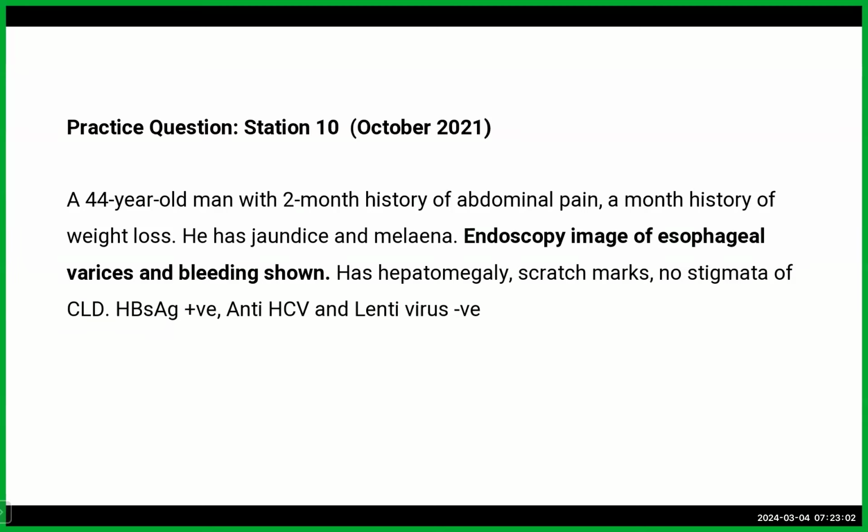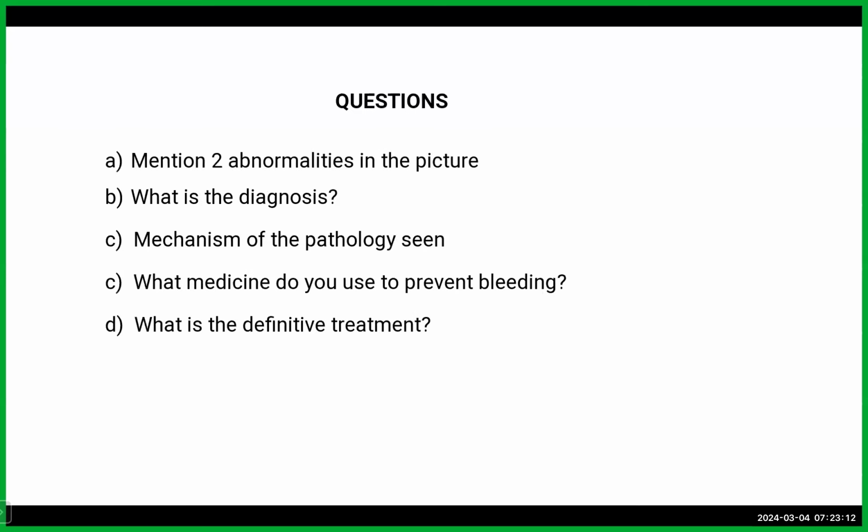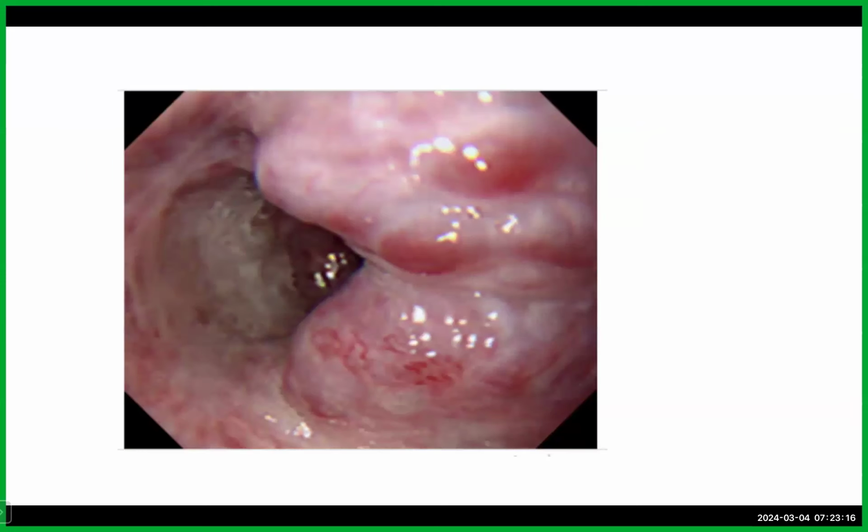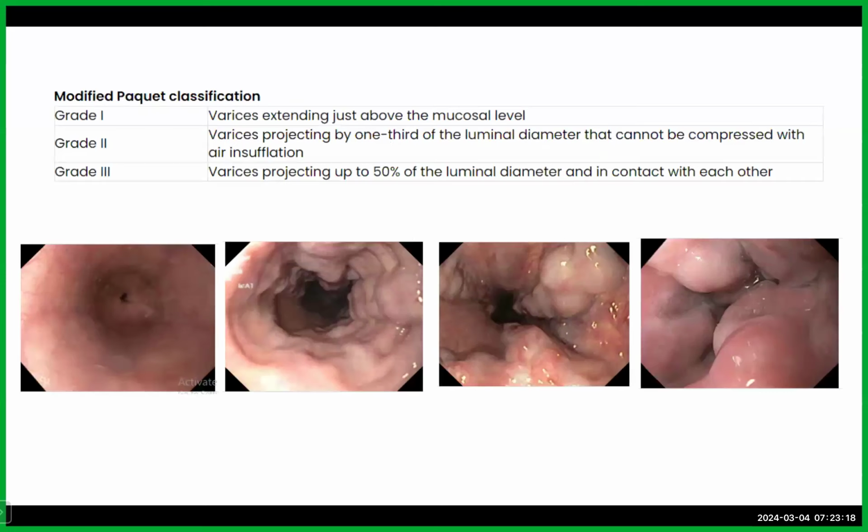So the red wale signs, typically Paquet will have stage 1, 2, and 3. But there's this pseudo stage 4, which is not official under the official Paquet classification. But when you see all those red wale signs or the varices on varices, which are considered very high risk signs of bleeding, it is typically termed the pseudo grade 4.